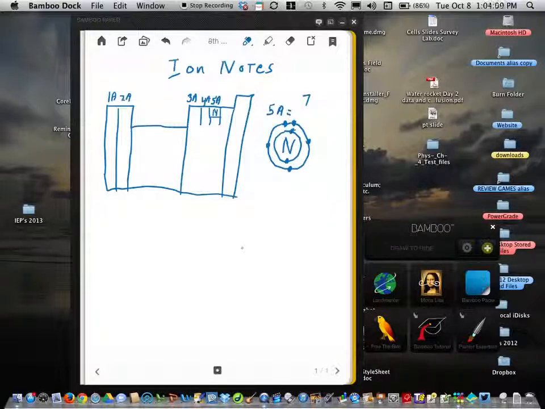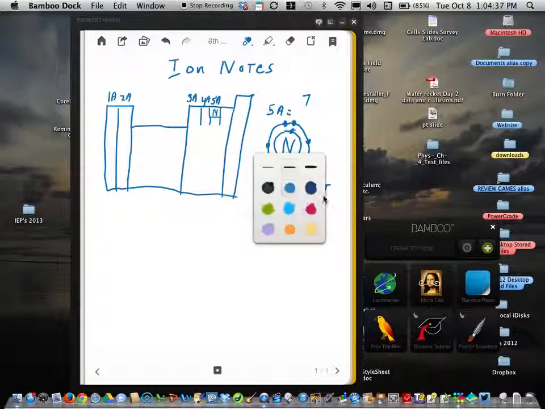So the Lewis dot structure for this element would look something like this, in complex form and in simple form, which I will ask you to do on the test.